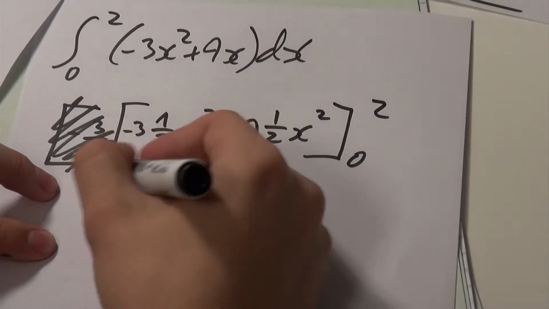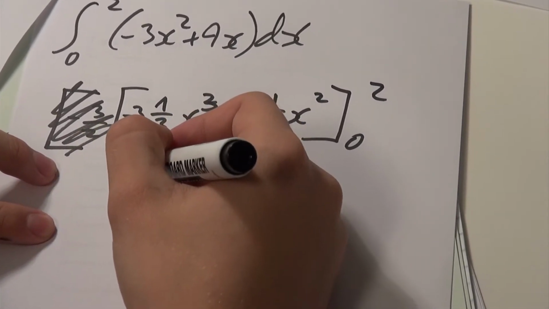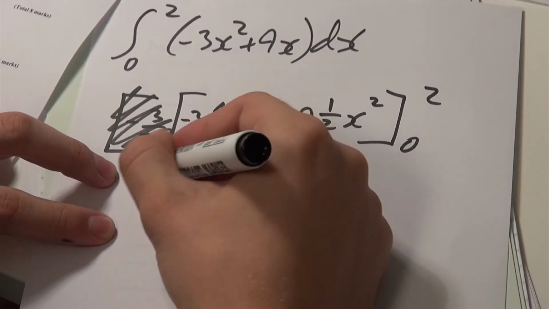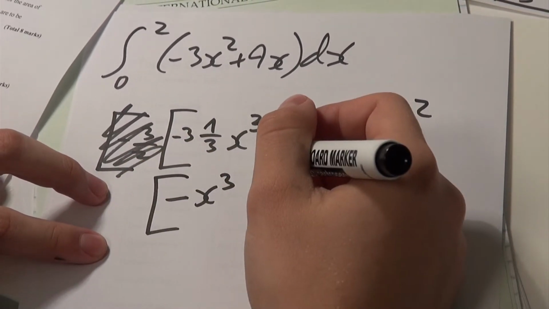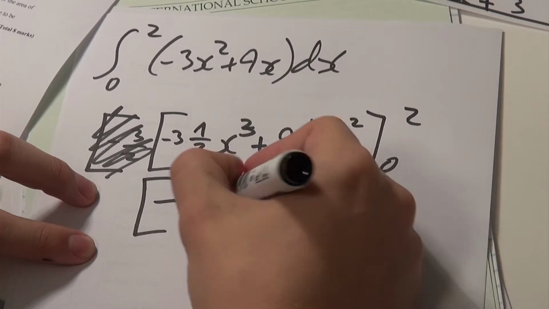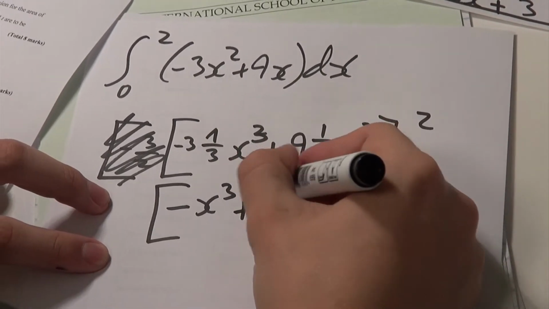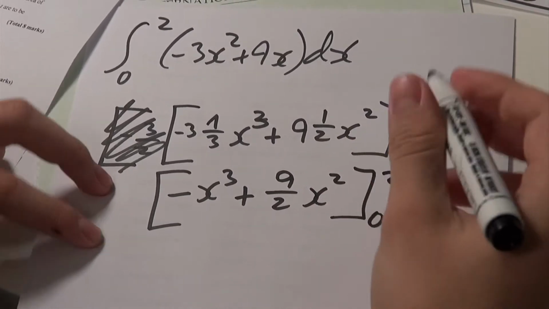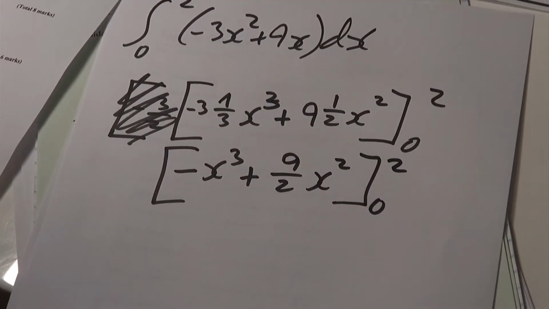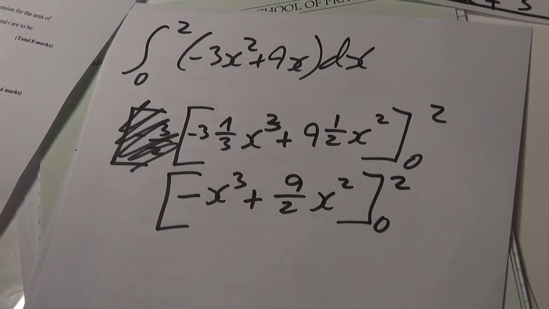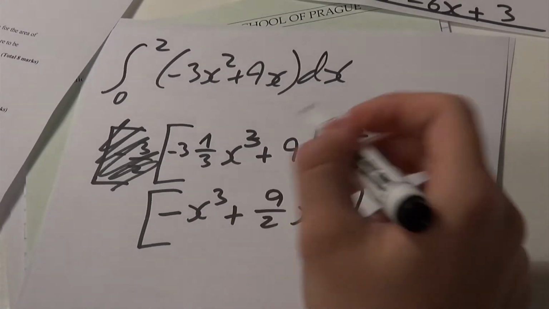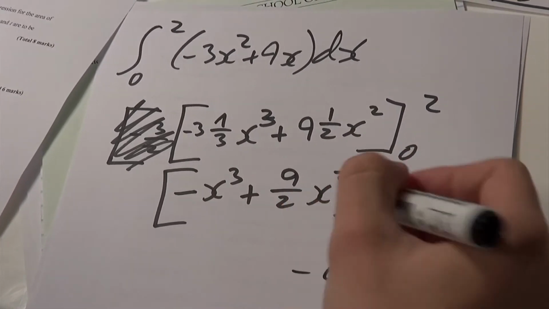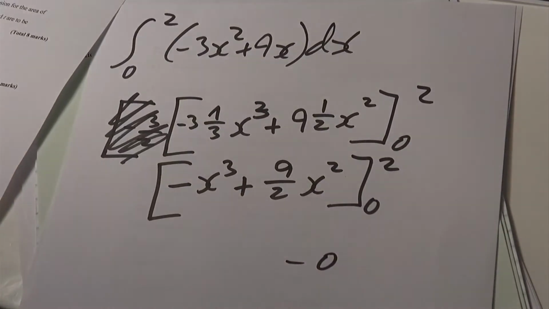So this will simplify to negative x to the power of 3 plus 9/2 x squared from 0 to 2. Now if we actually plug in the values, we know that since this is the 2 minus the 0, we know that the 0 will be minus 0 if we plug this into here.